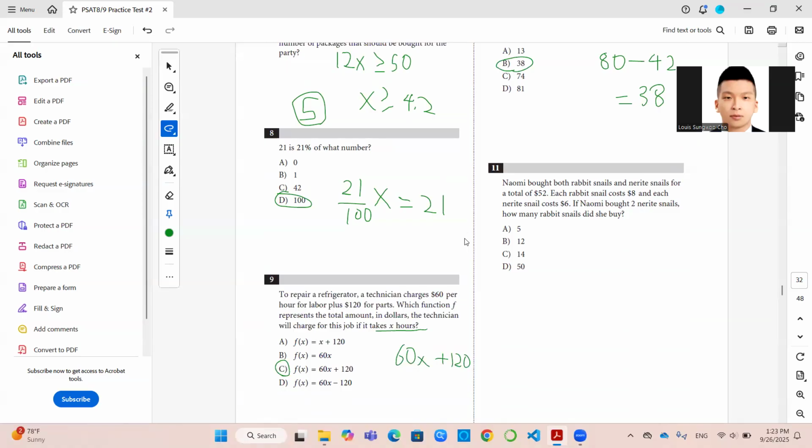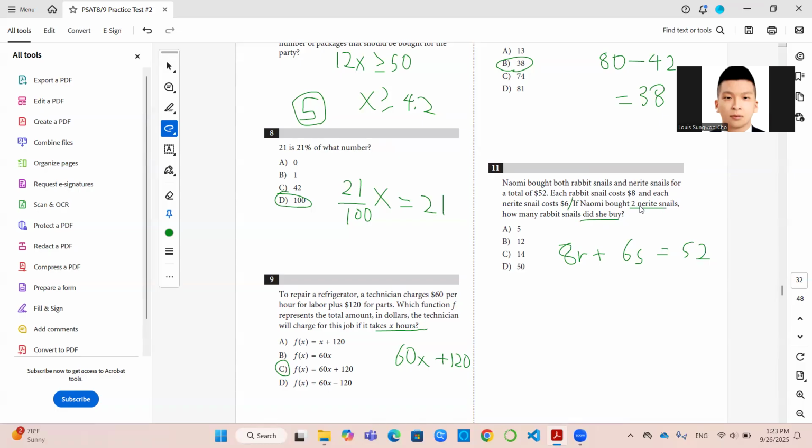Naomi bought both rabbit snails and narwhal snails for a total of $52. Each rabbit snail costs $8 and each narwhal snail costs $6. If Naomi bought 2 narwhal snails, how many rabbit snails did she buy? So we have 8r plus 6s is equal to 52, right?